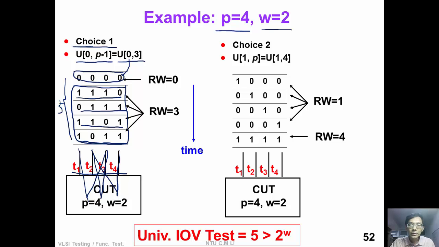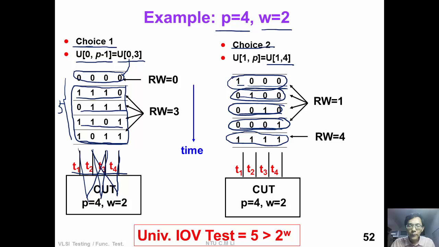The second choice we have is U14, which means an exhaustive combination of vectors where the row weight is 1. So we have 1000, 0100, 0010, and 0001. And U4 means a row weight of 4. Again, the test length is also 5.